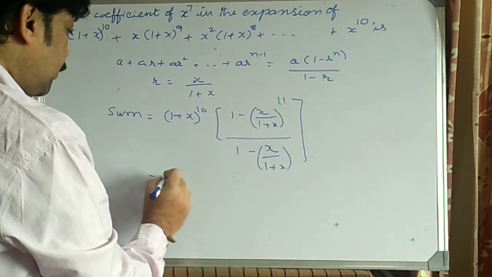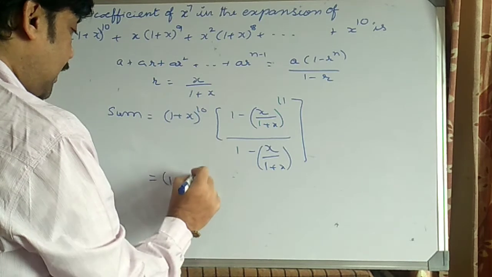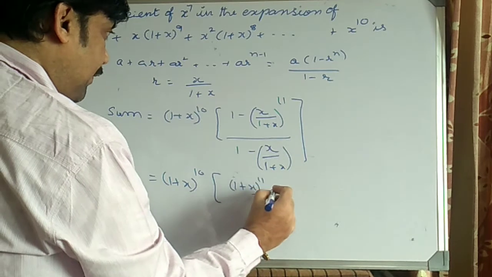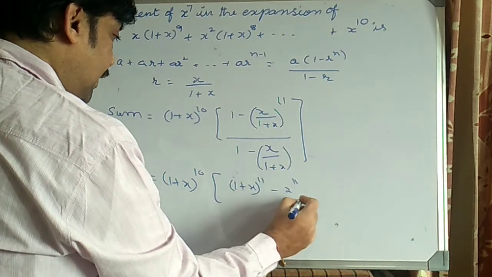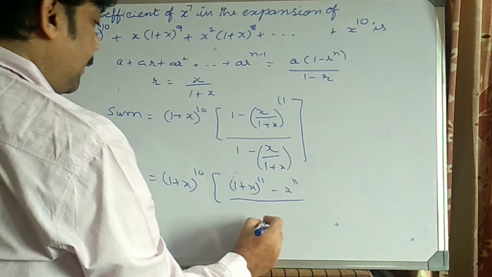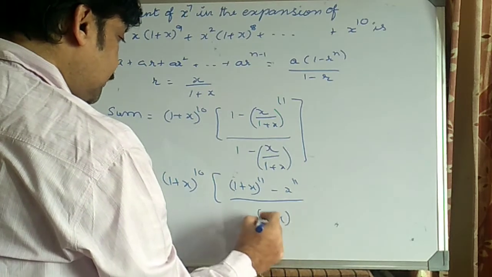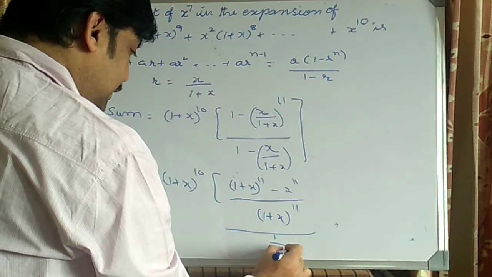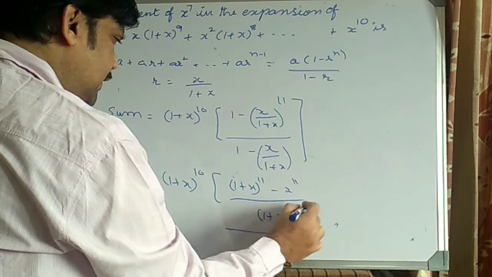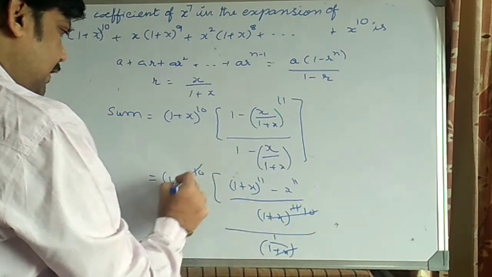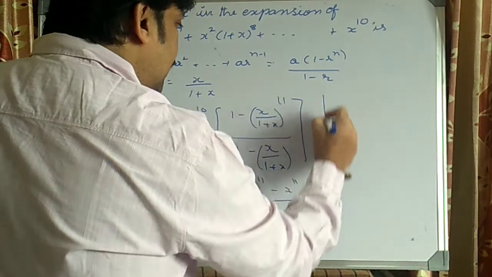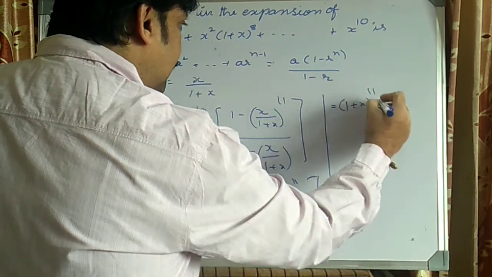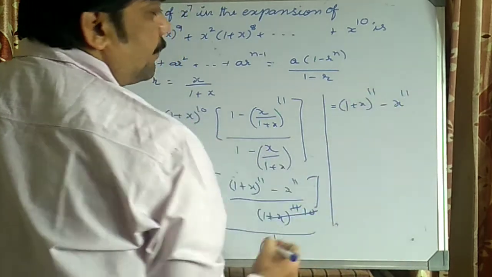So this is equal to 1 plus x whole to the power 10 into 1 plus x whole to the power 11 minus x to the power 11 whole by 1 plus x whole to the power 11, again divided by 1 by 1 plus x. Now this cancels with the power 10, again this cancels. What remains is 1 plus x whole to the power 11 minus x to the power 11.